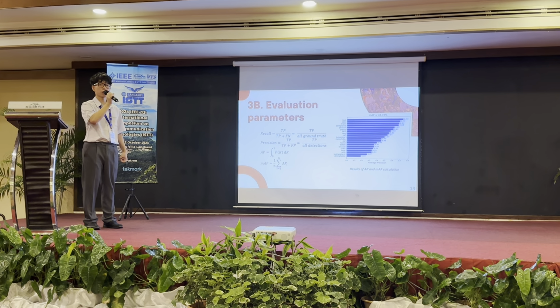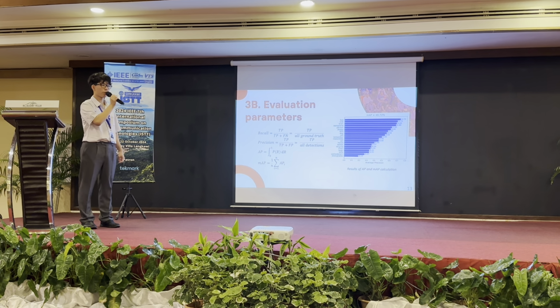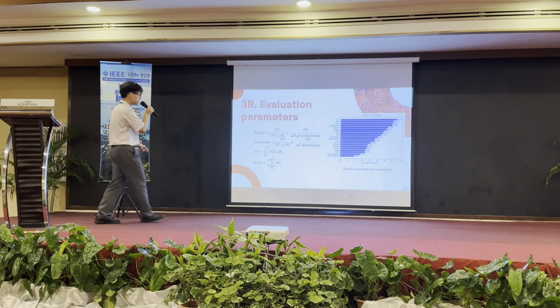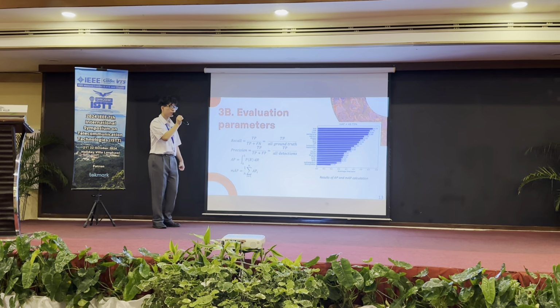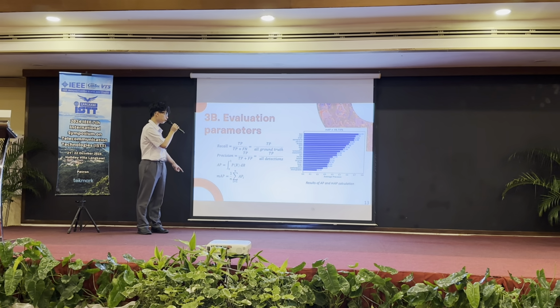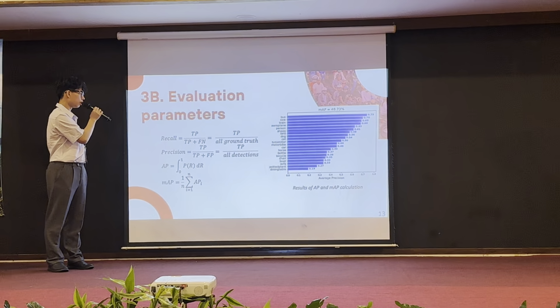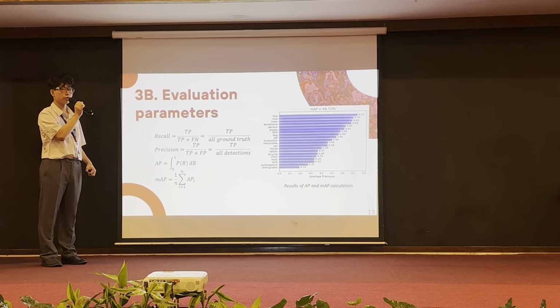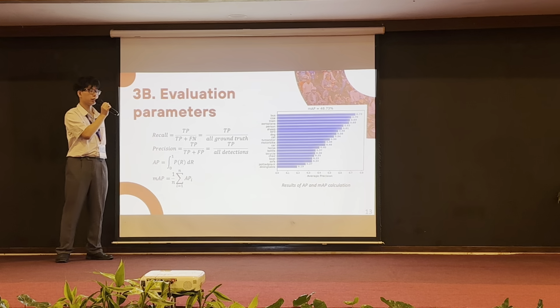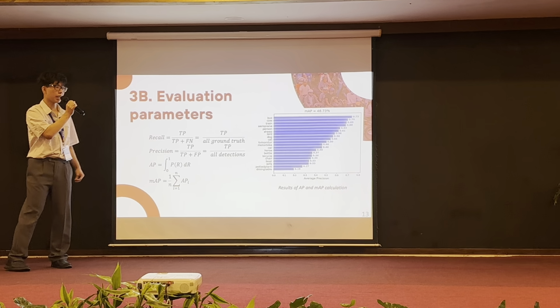Now there is one measure that encapsulates both recall and precision, and that is average precision. It is defined as the integral from 0 to 1, which is the minimum to the maximum value, and it shows the area of a graph with precision here as the y-axis and recall as the x-axis.